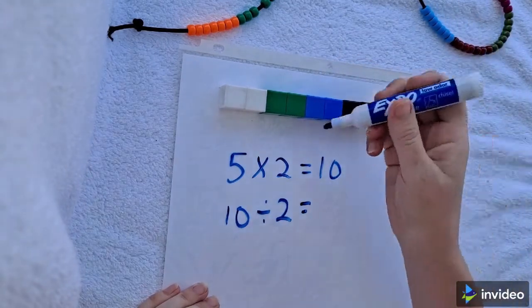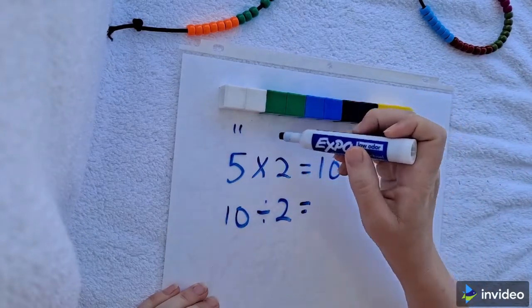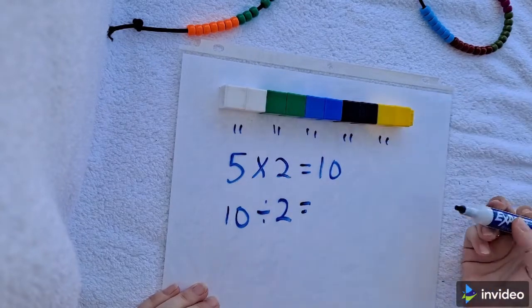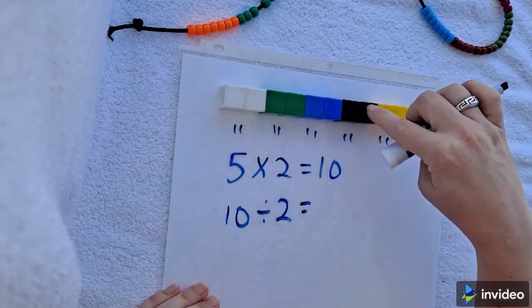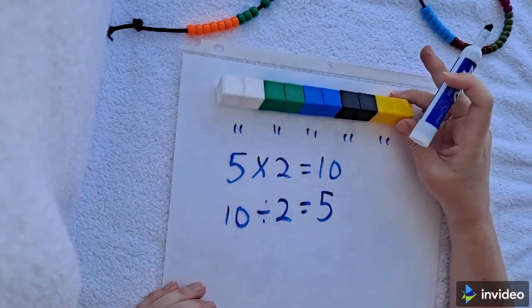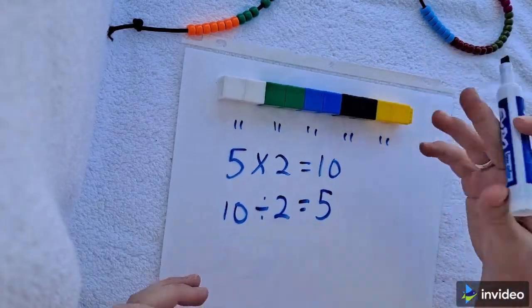And then you can really see, oh, I can make this many 2's. So you can see 1, 2, 3, 4, 5, right? And that's pretty obvious.